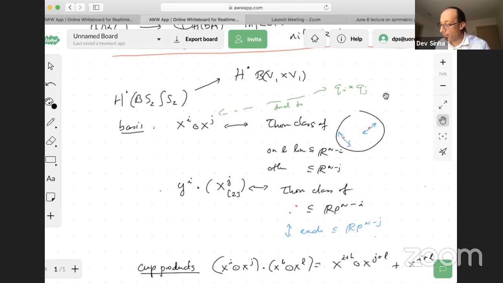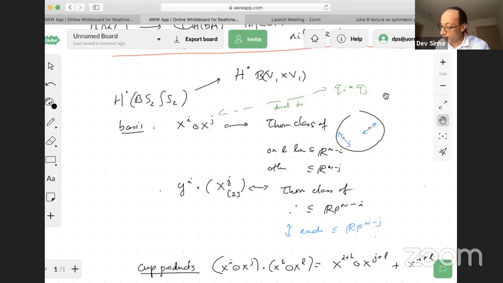For the y^i, we've got y^1 times x^0 divided power 2, and we also have y^0 times x^1 divided power 2.